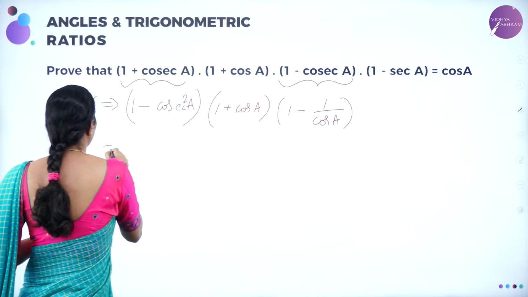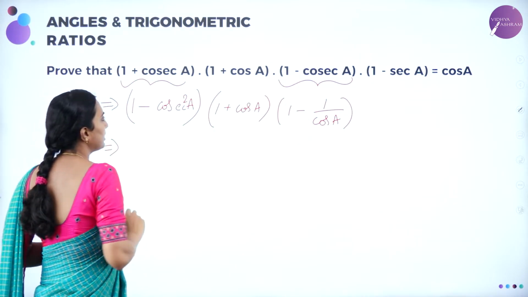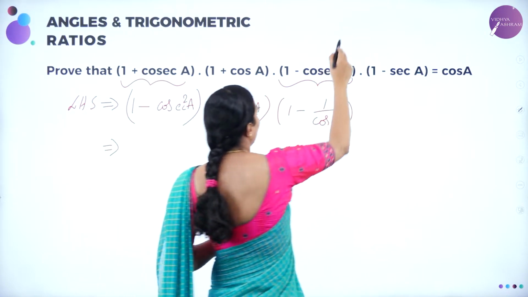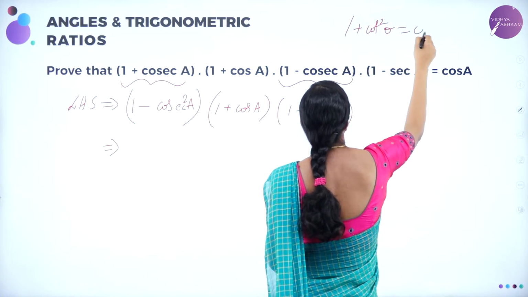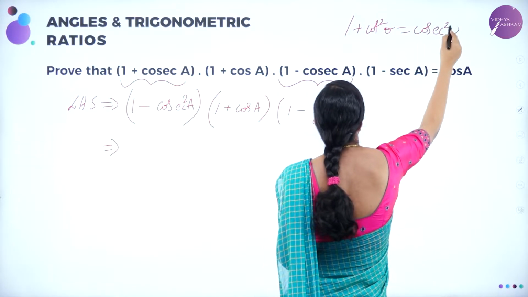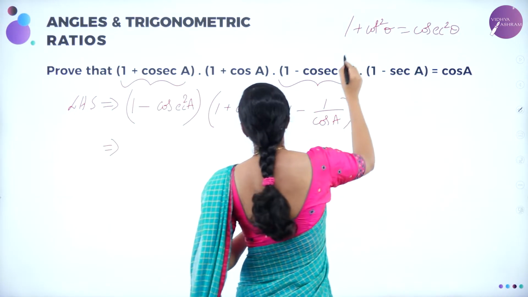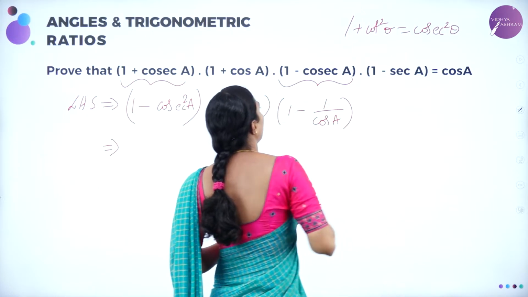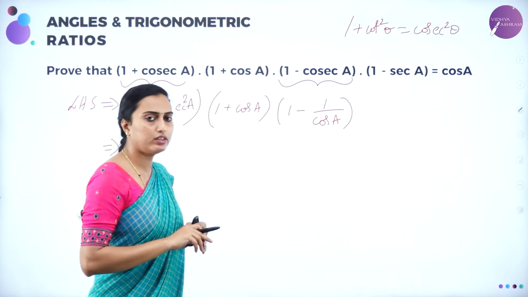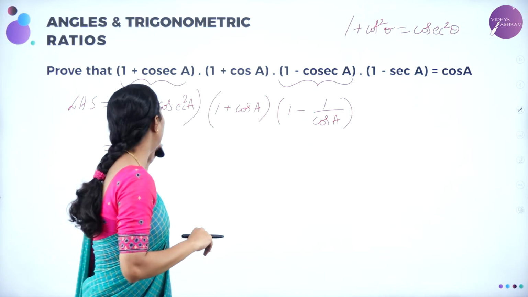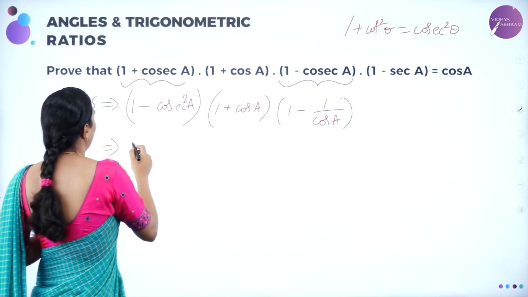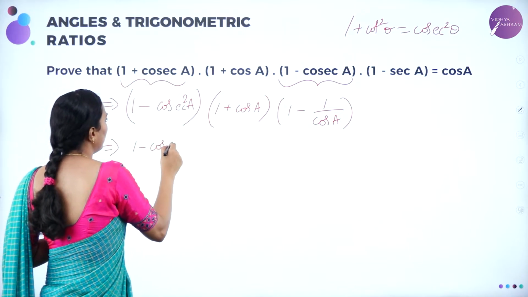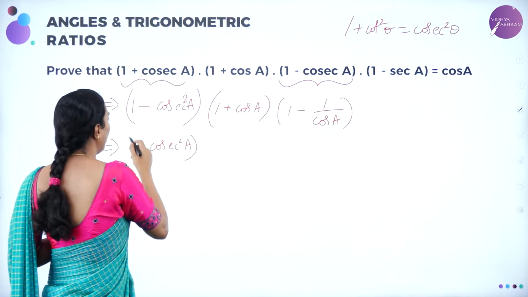So therefore here 1 minus cosecant squared A, you know that 1 plus cot squared theta is cosecant squared theta, right? Or cosecant squared theta minus 1 is nothing but cot squared theta, right? So by taking a minus sign common, you can have here as it is I am writing this, let me write 1 minus cosecant squared A only.